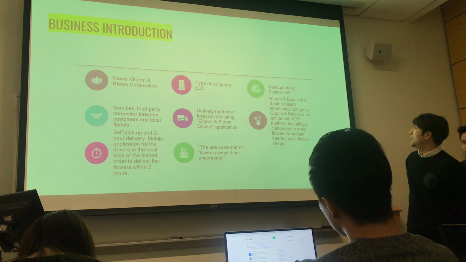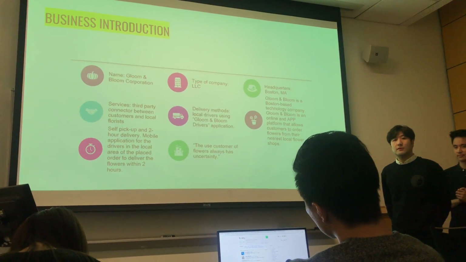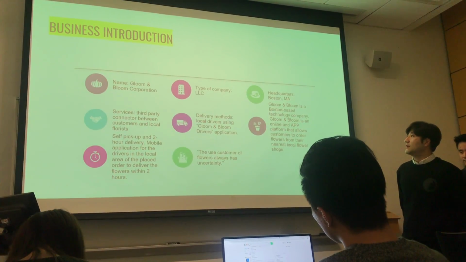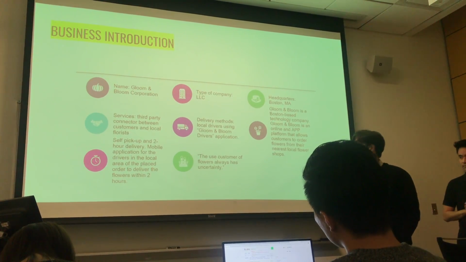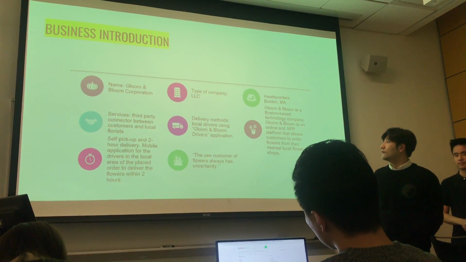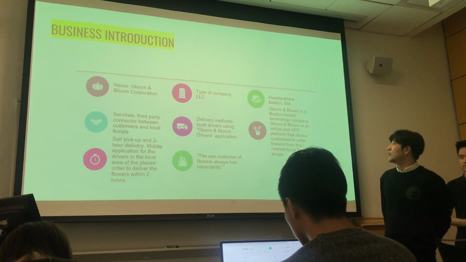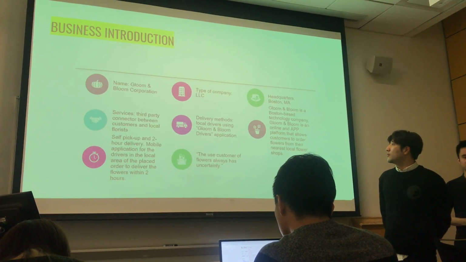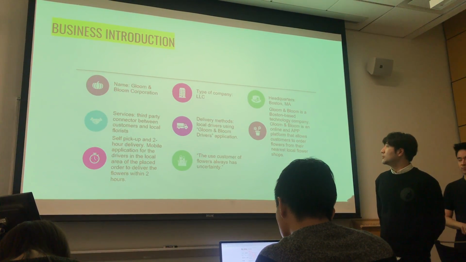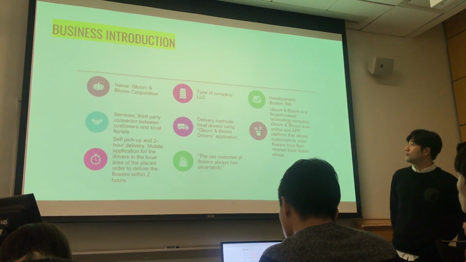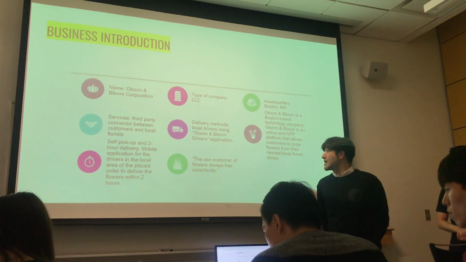And the headquarters is going to be in Boston, Massachusetts. The service is a third-party connector between the customer and the local florist and flower shop. For delivery, we're going to use local drivers with the Gloom and Bloom drivers application.